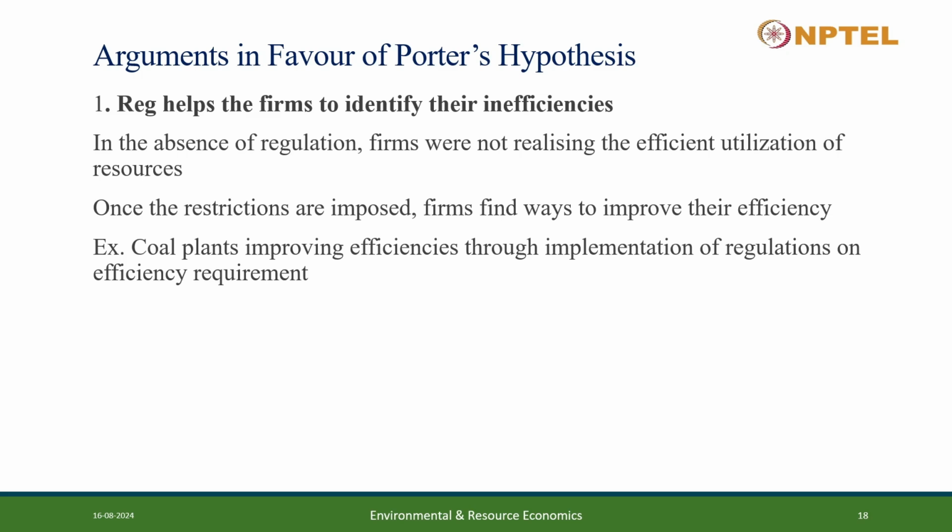So I'll find any kind of way so that my efficiency is improved. That is what he is arguing, that regulation will help a firm to identify various ways in which it has inefficiency. In the absence of regulation, the firm will not realize its inefficient utilization of various resources.